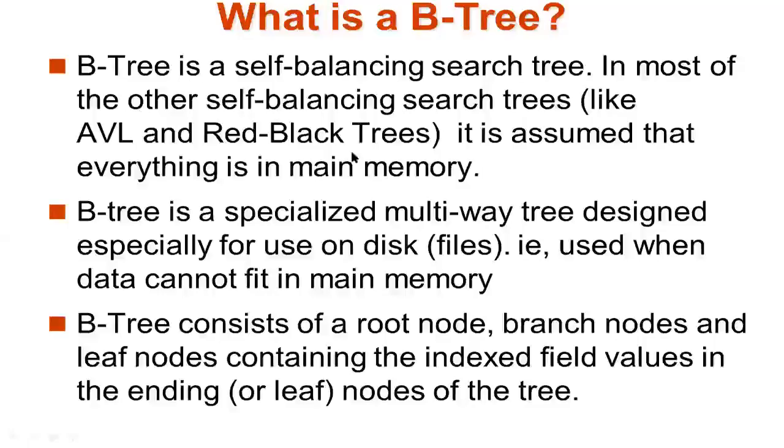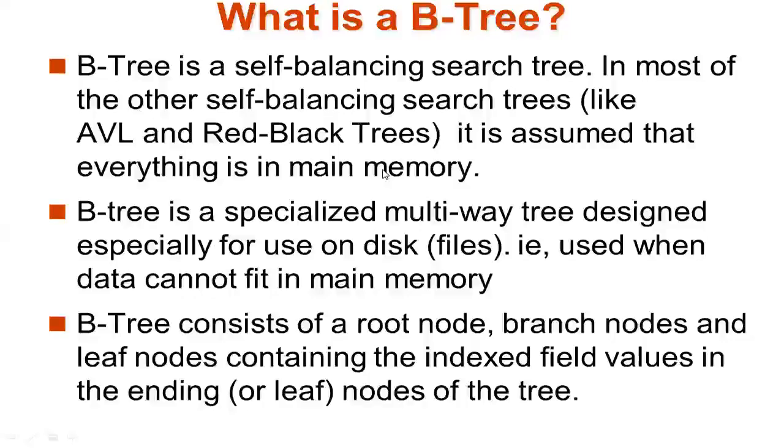But there, it is assumed that everything is in the main memory. When you study the AVL tree and the red-black tree, whatever data you save is dealt with in the main memory. But when you use the B tree, we deal with disk files, or disk blocks.